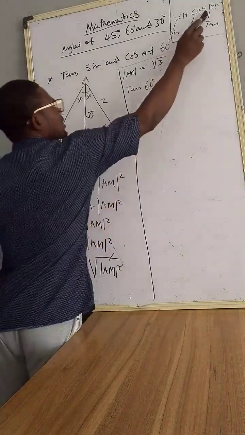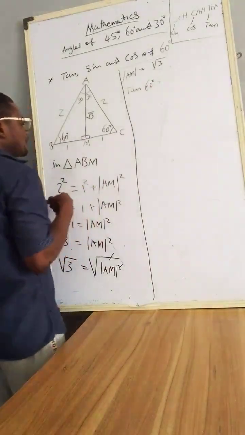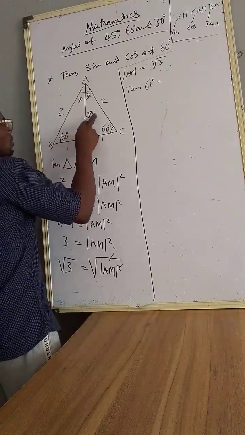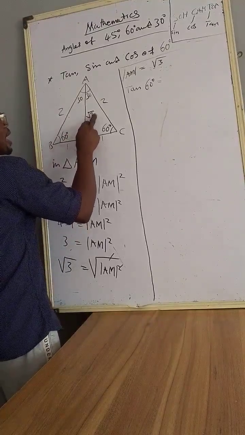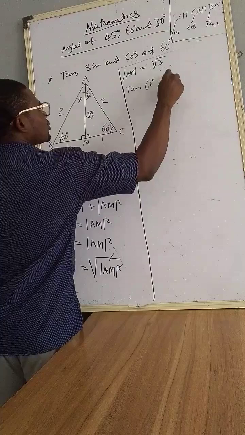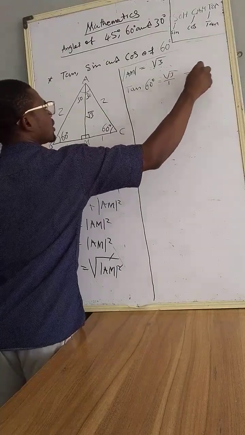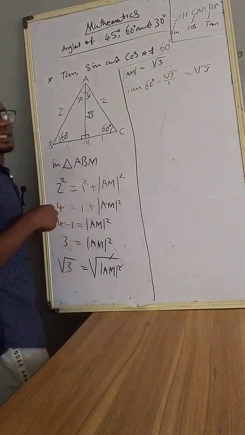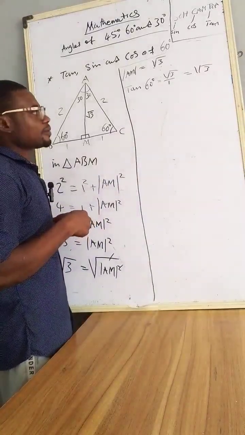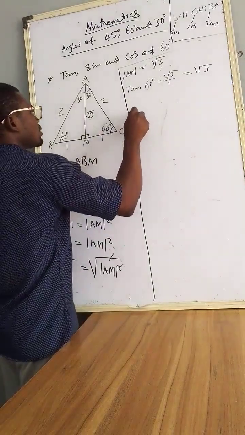So for tan 60, the opposite is root 3 over adjacent. Adjacent is 1, which gives root 3. So tan 60 degrees equals root 3. Do you understand?